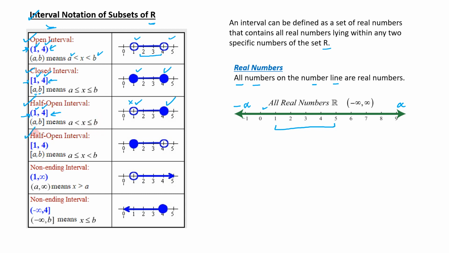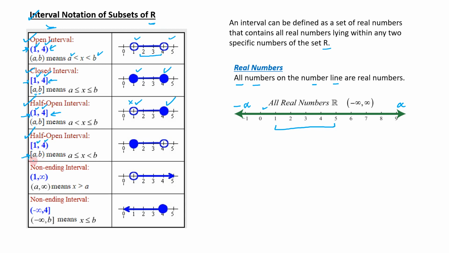Another type is the right half open interval. Again, in order to understand this type of interval, we will take two numbers 1 and 4. You can see that 1 has been shaded and the other endpoint, which is 4, has not been shaded, which means that we'll have to take all the numbers between 1 and 4, with 1 included, as a subset of R. Here we have a and b.